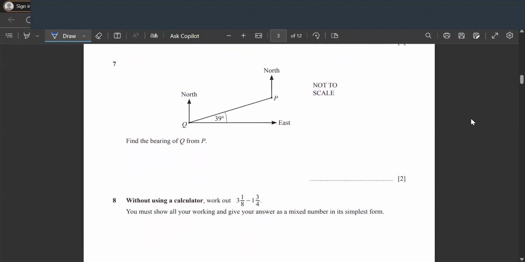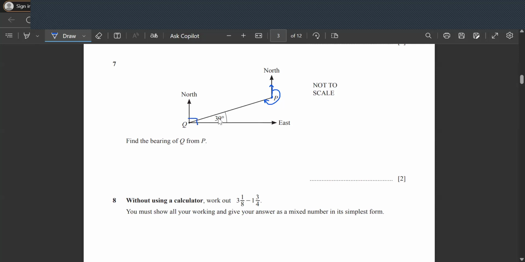Done. Number 7, find the bearing of Q from B. That means I'm standing here and looking to Q here. How to find this? I know that the direction of the north is perpendicular, so this is 90.